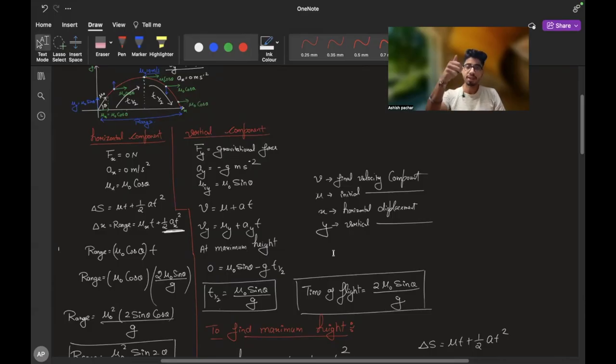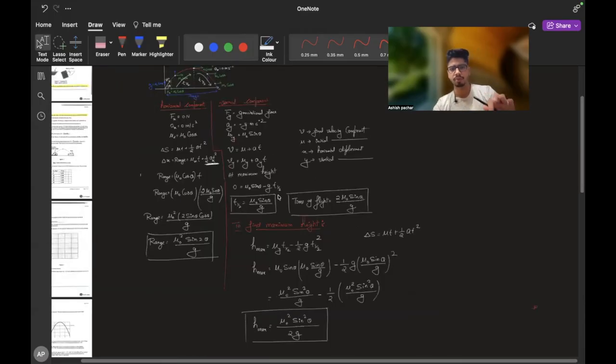They can also give the maximum height of the projectile, or they can give you the time, and from the time you can relate the things. They can ask you the initial velocity component, and accordingly you can make use of that. So this is all about projectile motion, and we can stop the video right now.